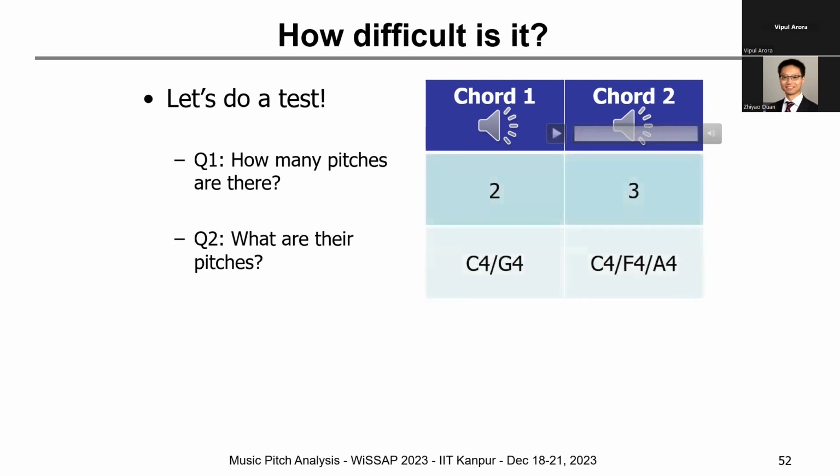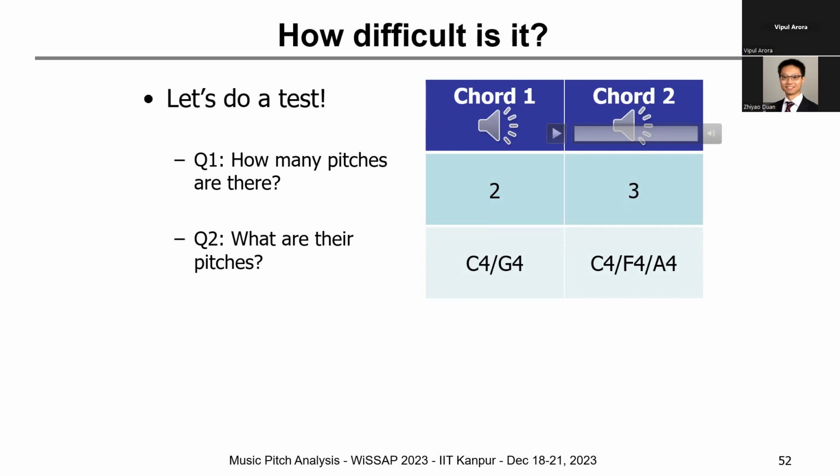Nice. What are the pitches? Let's look at the result. Oh, it's already shown. I'm sorry, I wanted to trick you. But anyway, the first chord has 2 pitches, C4 and G4, and the second has 3 pitches, C, F, and A.